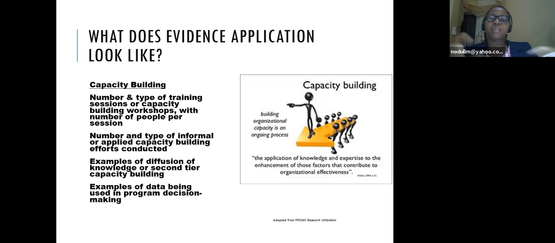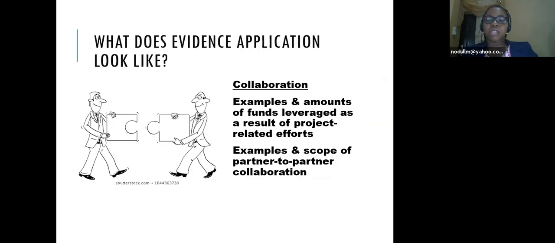Maybe we train people and they train others, like a ripple effect. So all of those can be found in the capacity building horizon of evidence use and application.